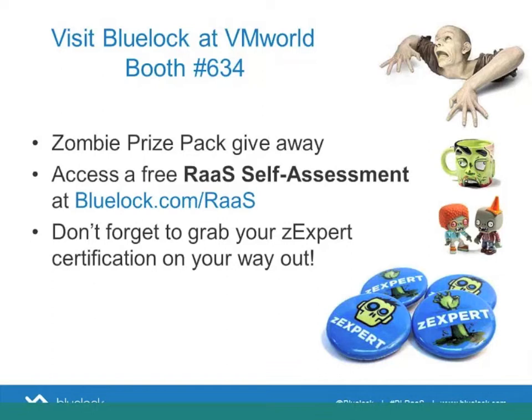Okay, great. The next question is, does Bluelock do the initial seeding online, or are there offline options, and how would that work? That's a great question. So essentially the answer is both.